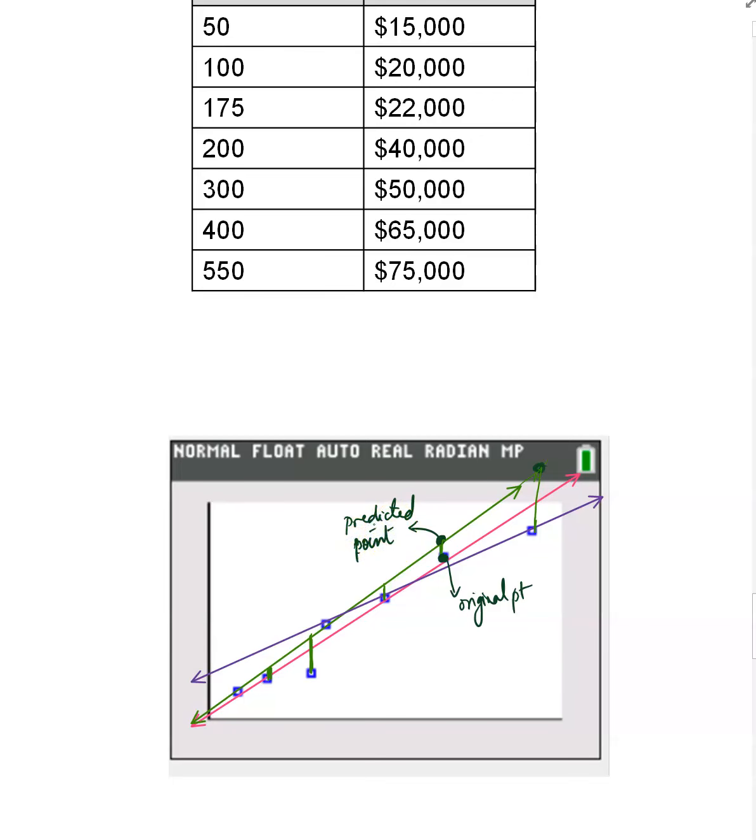So we want this distance between the predicted point and the actual point to be as small as possible, because that is an error, right? The fact that the original point is not on the line is an error. So we want to minimize that error. For that, we actually consider something called the sum of the squared errors, SSE.